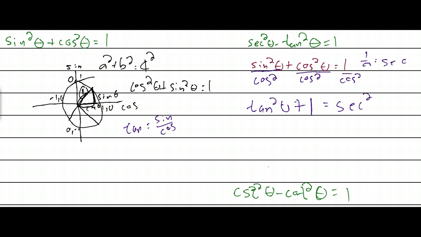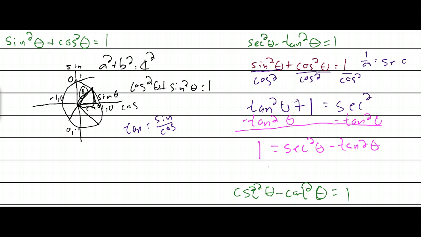To do that, all you got to do is subtract tangent squared. What you do to one side, you must do to the other. So you're going to be left with 1 is equal to secant squared theta minus tangent squared theta.